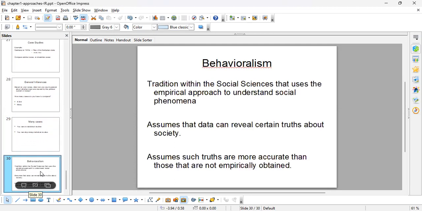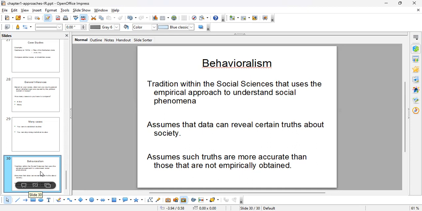Behavioralism is a tradition within social sciences that arises in the 19th and 20th centuries, where the tendency is to say that we can do the same thing in social science as what we have done in the physical and biological sciences. So the goal is to have observation-based data and to then analyze that data in a scientific method and then to make some generalizations.